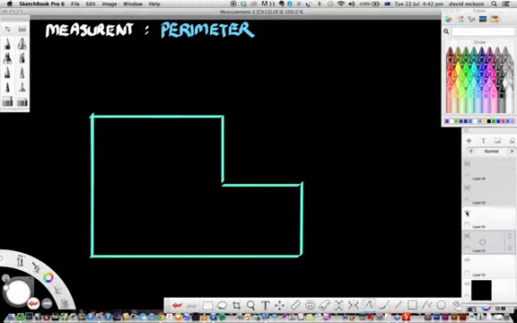Okay, this next example, let's put in some numbers, and I'm going to label our sides.